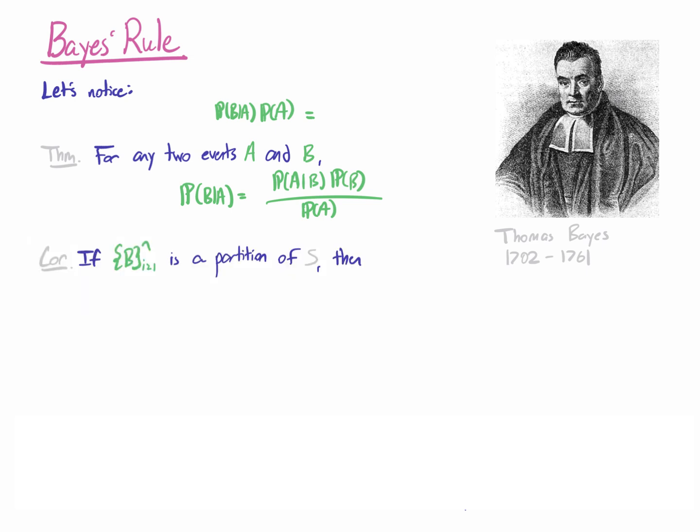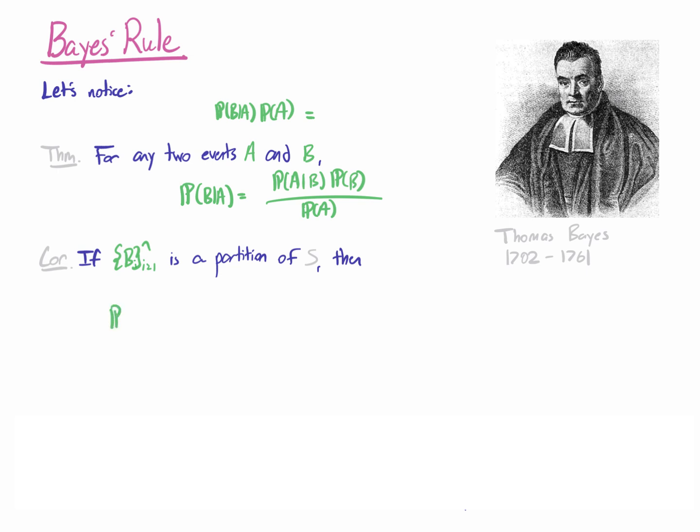So if we additionally have the fact that there's some set of B_i which form a partition of some sample space that we care about, then we can write Bayes' rule in a slightly more detailed form.